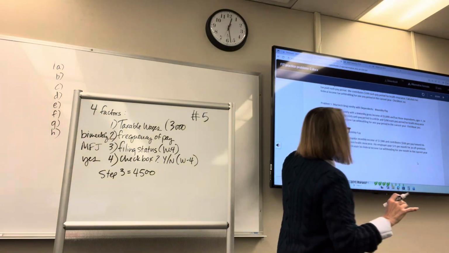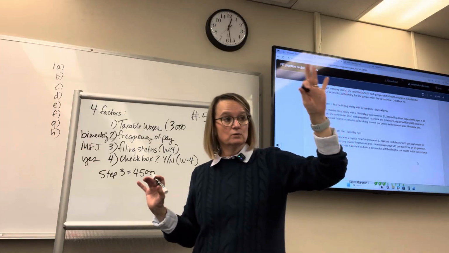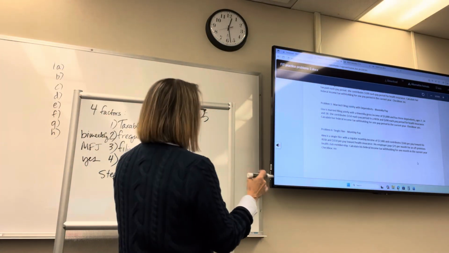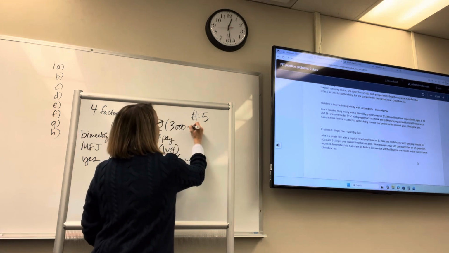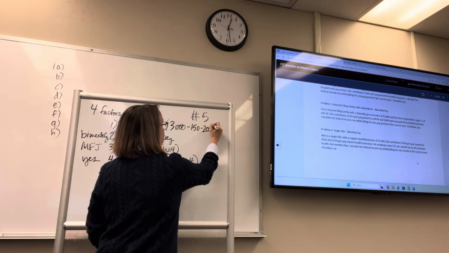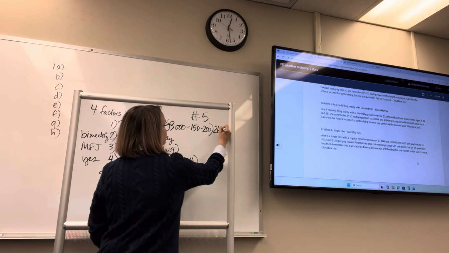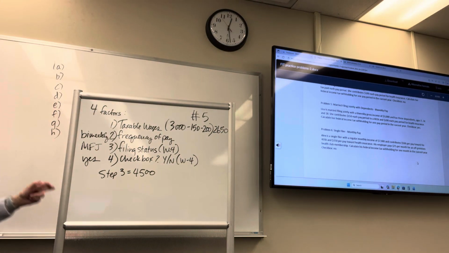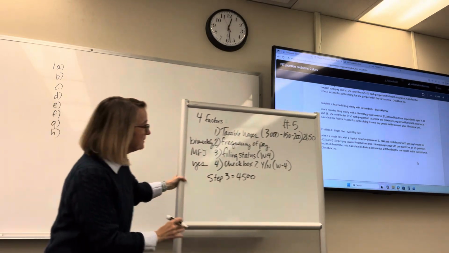Those are both pre-tax, so they're going to reduce her taxable wages. So minus the 150, minus the 200, so $2,650 are her taxable wages. All right, so that's our information that we've got here.